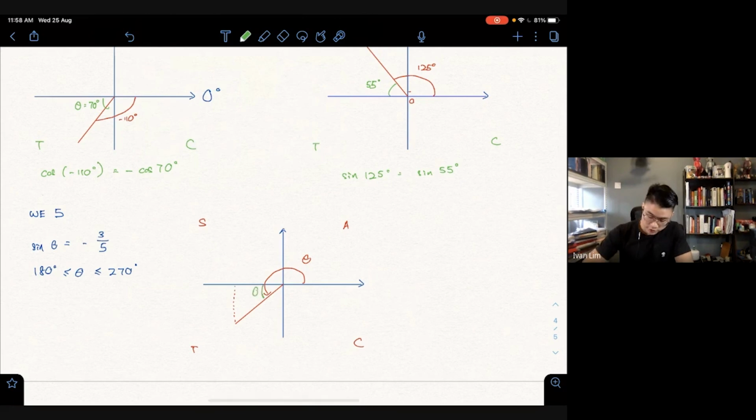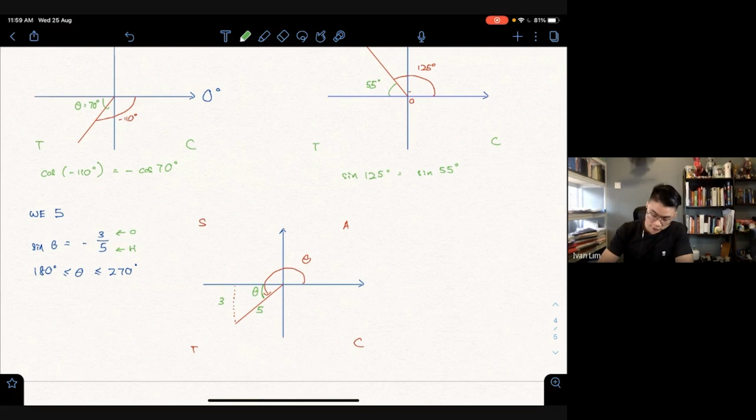Now what you need to do, you look at this sine theta equals -3/5. You use your theta as your base angle because it will be the same value. So you draw this theta, write this theta here, and we use SOHCAHTOA again. This is opposite, this is hypotenuse, right? You just look at the value, don't care about positive or negative, because it's already factored in. According to theta, opposite will be 3, and here will be 5, because that's your hypotenuse.